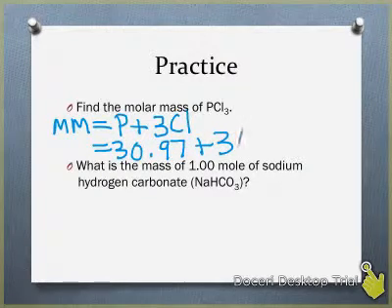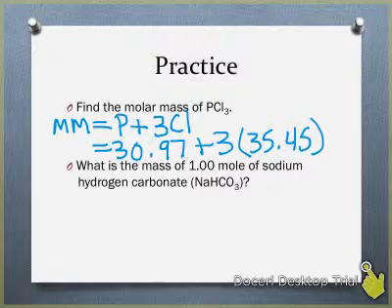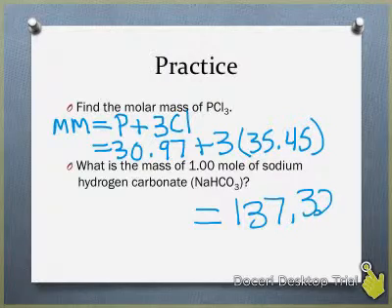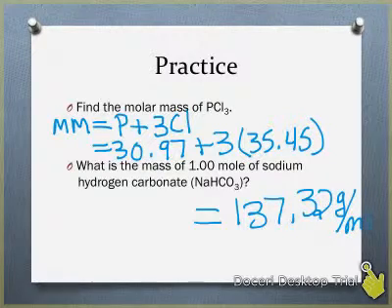And then I need 3 chlorines, and the mass of my chlorine is 35.45. So if we put this in our calculator, we should get 137.32 grams per mole.